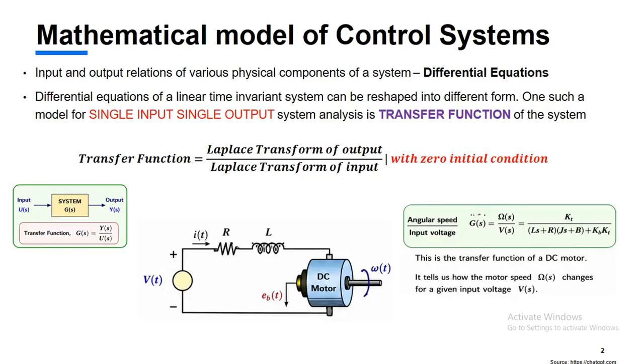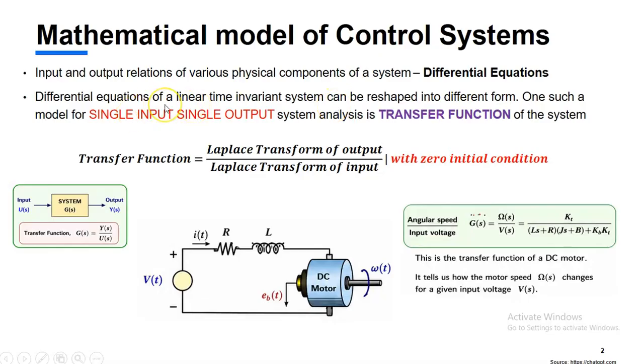The mathematical model of a control system constitutes a set of differential equations. That means the input and output relationship of the various physical elements or components of the system is governed by a differential equation.